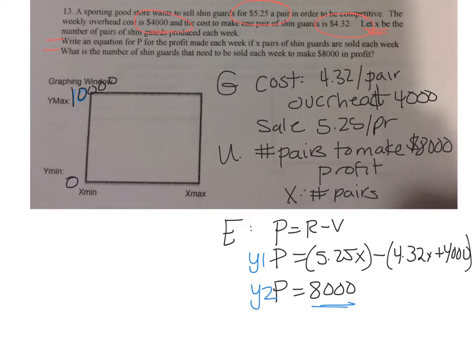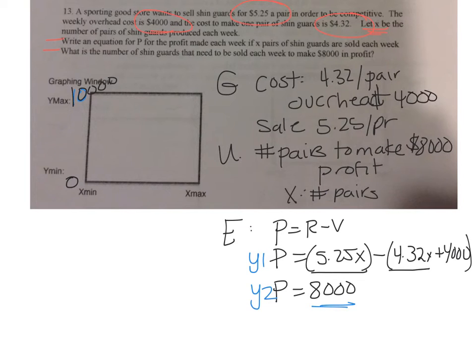And for X, let's look at this. If we look at the amount we sell each shoe for versus the amount it costs, $5.25 versus $4.32, it means we're making about $1 per shin guard, per pair of shin guards.